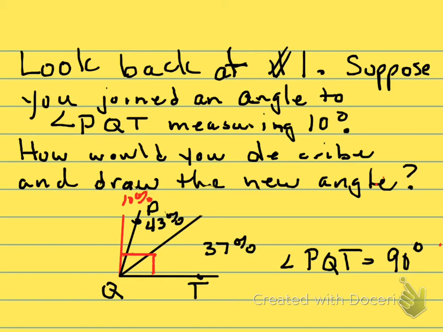So what I did was I drew out angle PQT at my 80 degree mark. Then I put my protractor down with vertex point Q and the ray QT on the 0 line, and I used the correct scale on the correct curve of my protractor to add 10 degrees. And when I added my 10 degrees, what happened to my angle? Yes, it became a 90 degree angle, or a right angle.